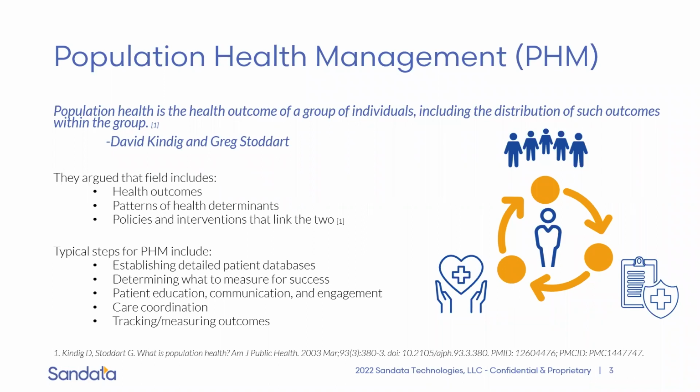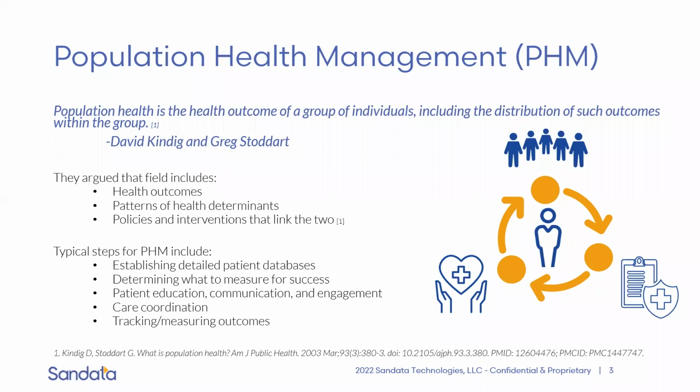Now, if you were to take a look at a health system, a city, a region who was focusing on population health management, you would see that their playbook to focus on this is probably going to include establishing detailed patient databases. So lots of information.